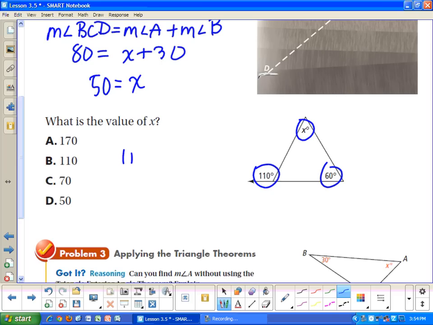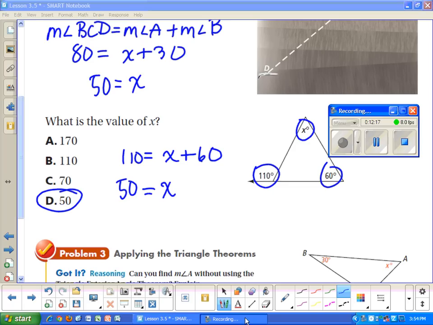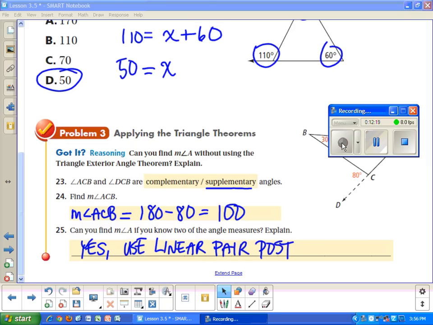So 110 has to equal X plus 60. And so X is equal to 50, which is D. Here's your answers for problem 3.